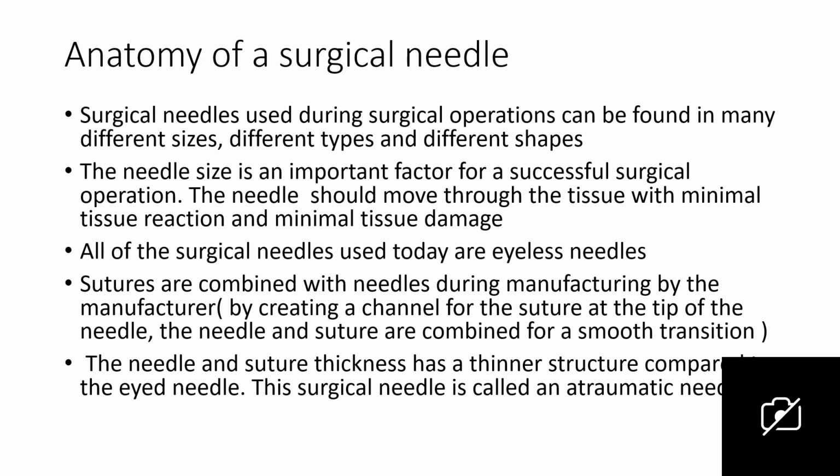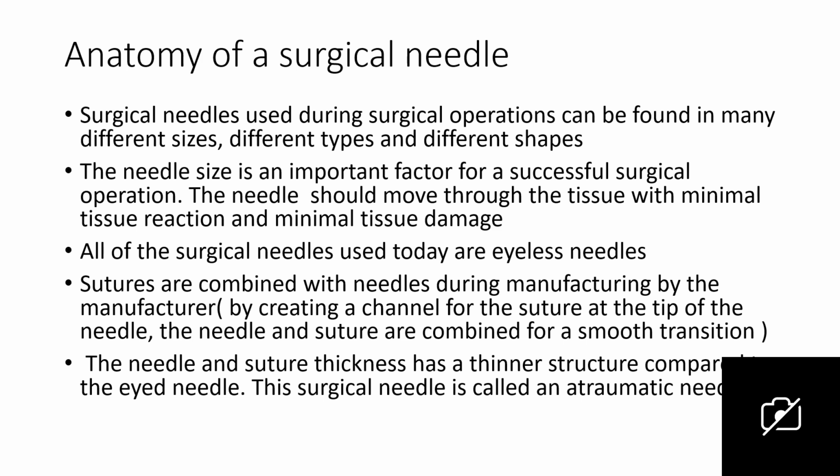That means not the one that we use in our clinic, where we have an eye in the needle and we thread in the suture, black silk suture, and we tie a knot. The ones we use in surgery are eyeless needles. Sutures are combined with needles by the manufacturer by creating a channel for the suture at the tip of the needle.